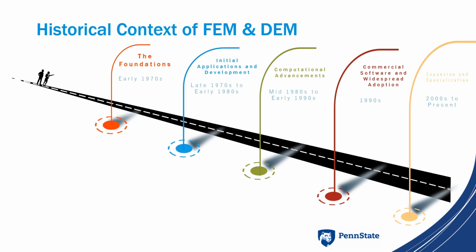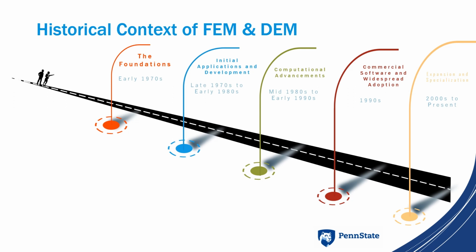The integration of the discrete element method and the finite element method modeling techniques is a relatively recent development in computational mechanics. Here are some historical steps in the integration of DEM and FEM modeling. The discrete element method originated in the 1970s, primarily in the field of granular mechanics.